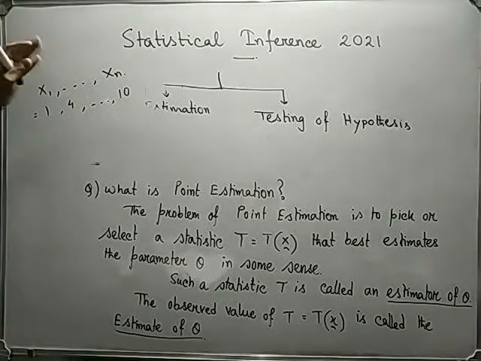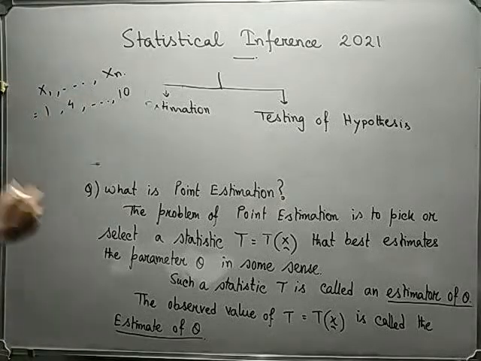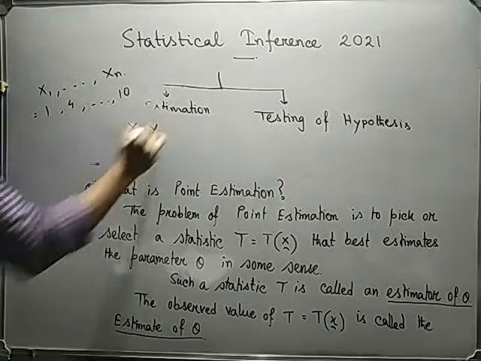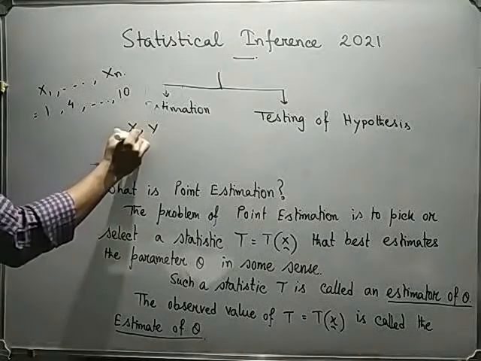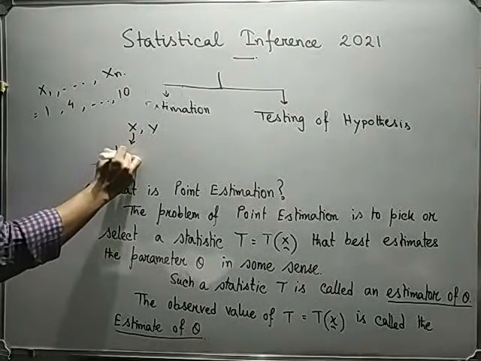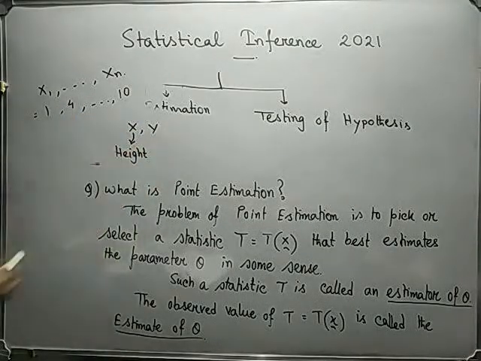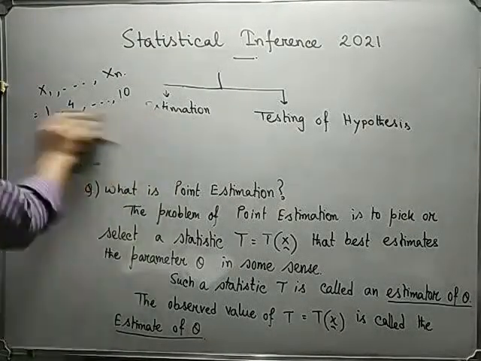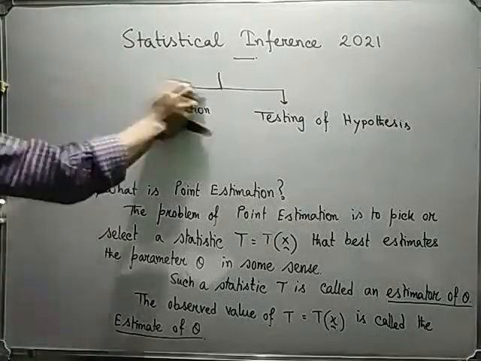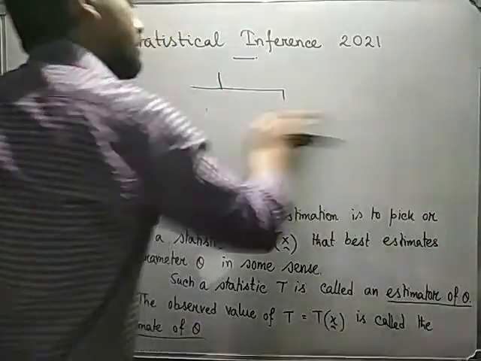Let's start with a small example. Let's say we have two random variables, x and y, and the random variable x denotes the height.